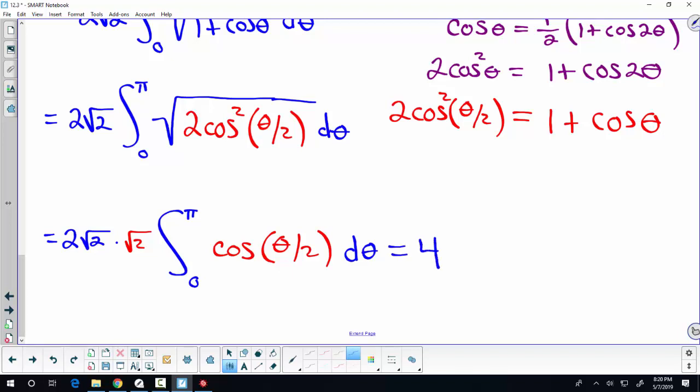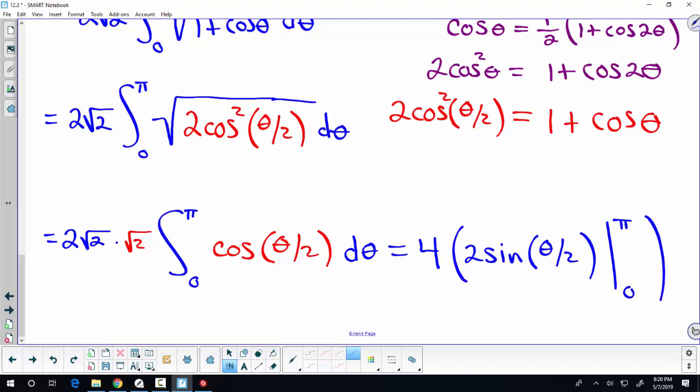What's the antiderivative of cosine theta over 2? Right, 2 sine theta over 2. So we've got 8 sine theta over 2 evaluated from 0 to pi.